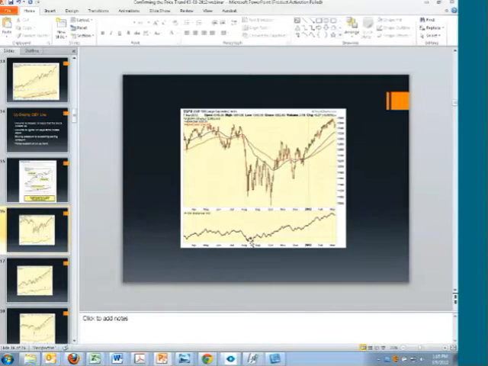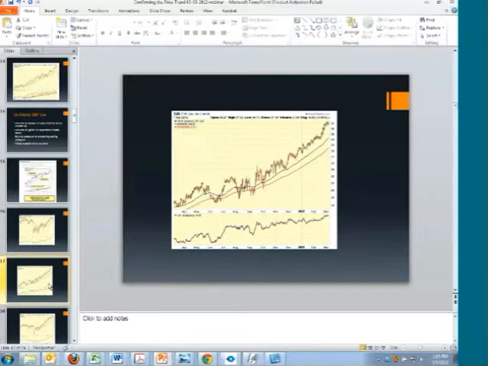So this is a great indicator to confirm a price trend, and it's especially useful if there's a divergence. And when you see a stock making a new low right here, but the OBV line is still trending up, you know that's going to be a great buying opportunity.